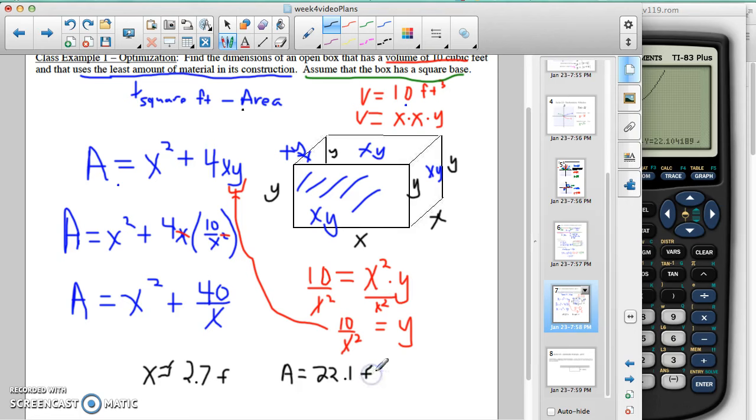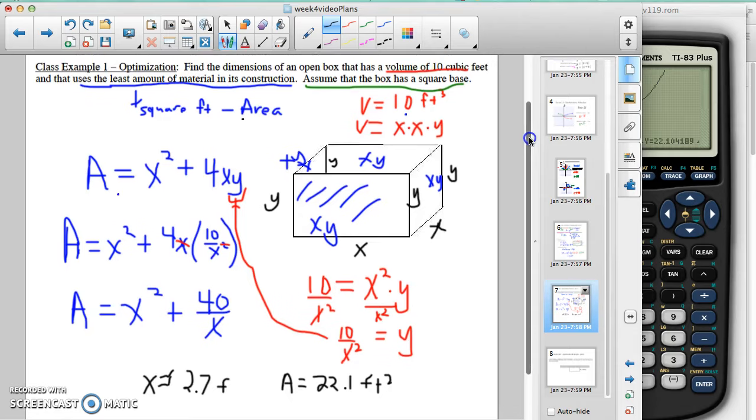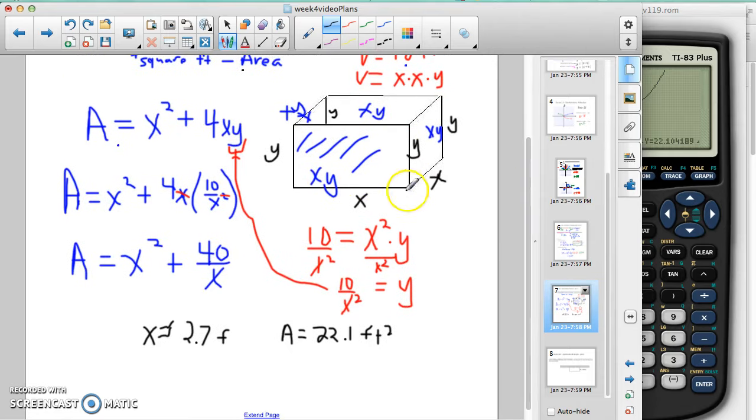That's what we're finding, area here on y. Now if I really wanted to know all the dimensions, it says find all the dimensions, so I would then need to go back and put my 2.7 back into this equation to find out what y is. Put it back in this equation so I can get my dimensions this way.